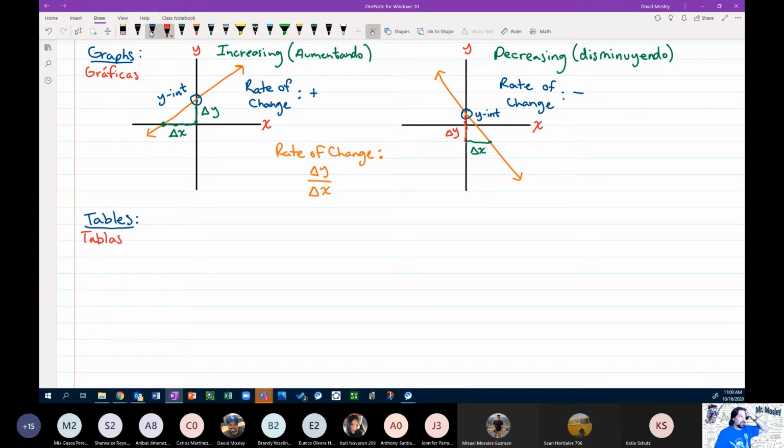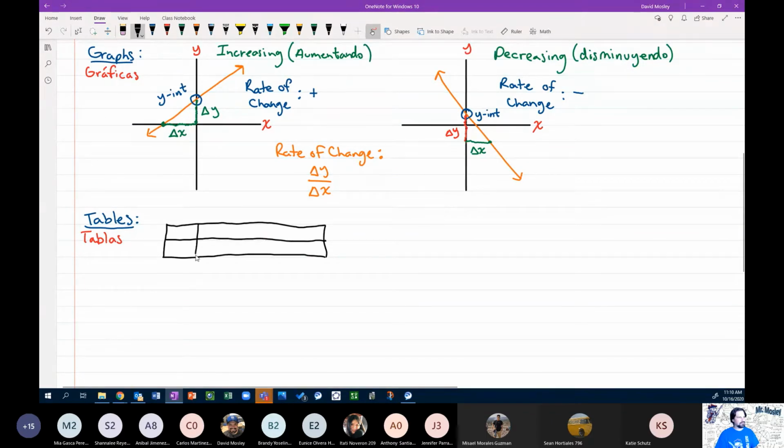In a table, we have 2 different types of tables that we have seen. Okay, we have a table that is horizontal. Here's this.